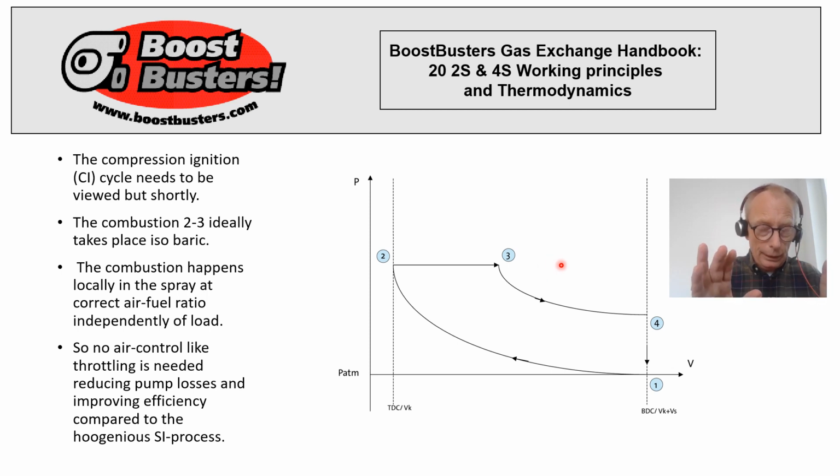We don't need to take any responsibility for air, because the combustion takes place in the spray where things are already taking place at a controlled air-fuel ratio. Because of this, the pumping loop in a compression ignited engine is much smaller, and this is one of the reasons that a compression ignited engine has better efficiency than a spark ignited engine.